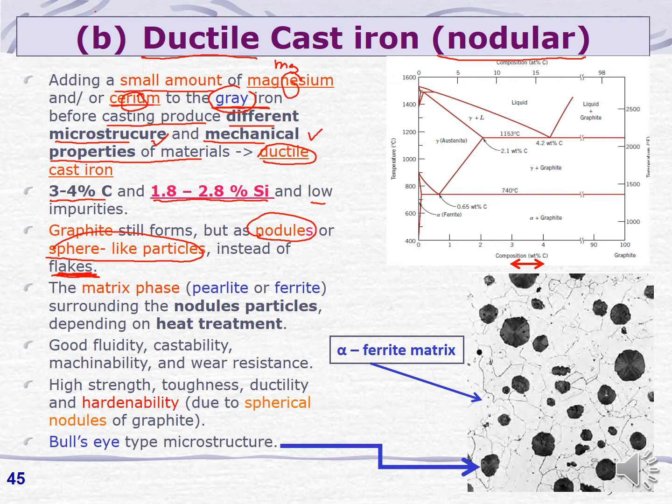If you look at the microstructure, the matrix phase can be pearlite or ferrite, surrounding the nodular particles. These nodular particles are the graphite.